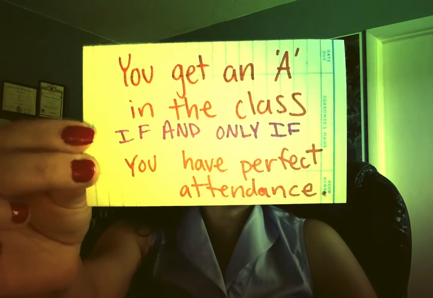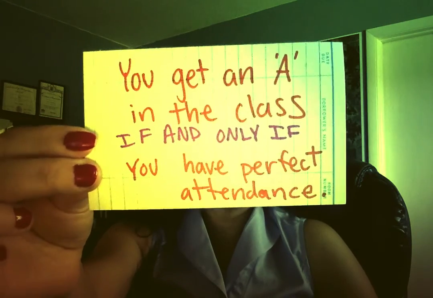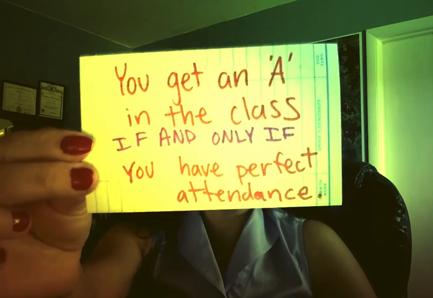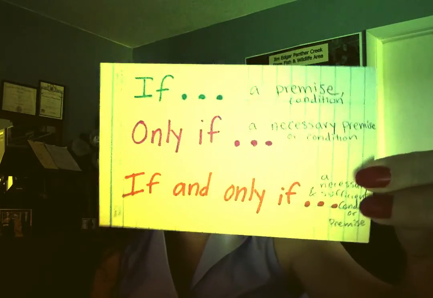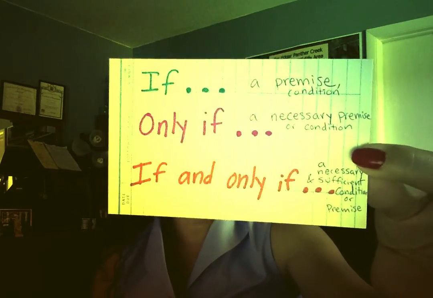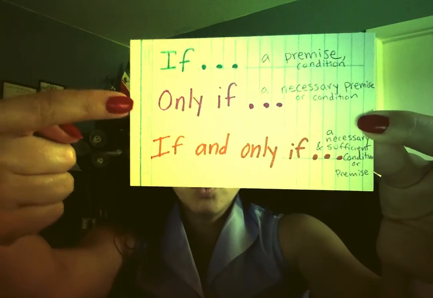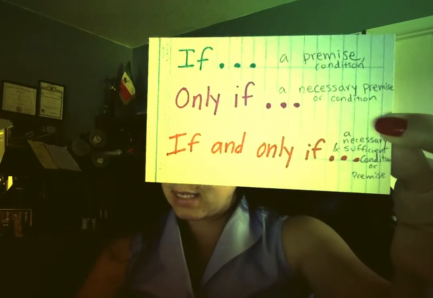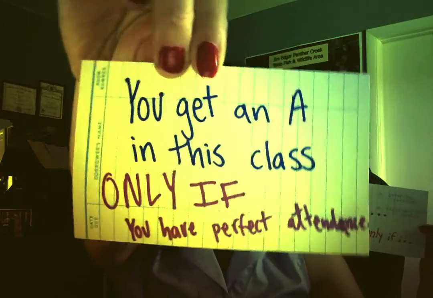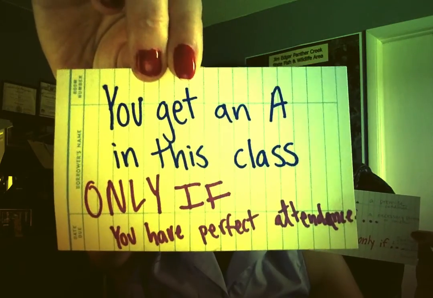It is necessary and sufficient for you to get an A if you have perfect attendance. That means that when we're comparing these different kinds of conditional statements, the only if statement is giving you an idea of what is necessary, but that doesn't mean that doing what's necessary is enough.